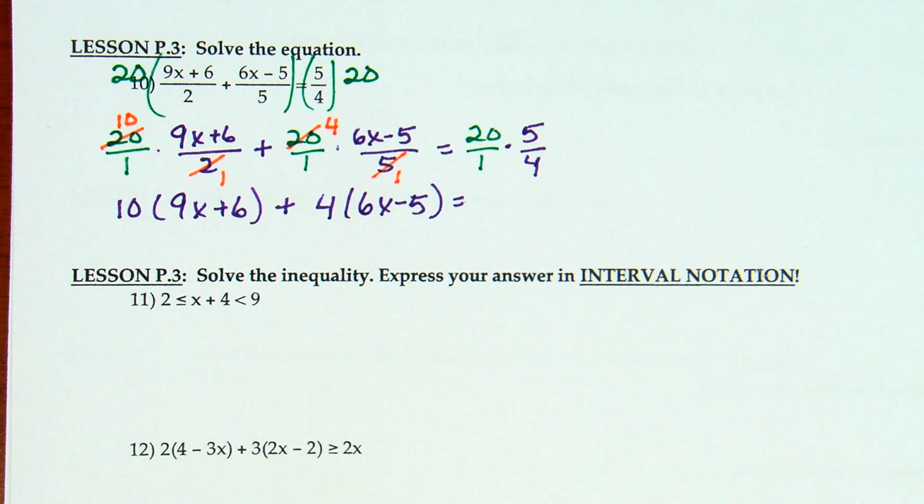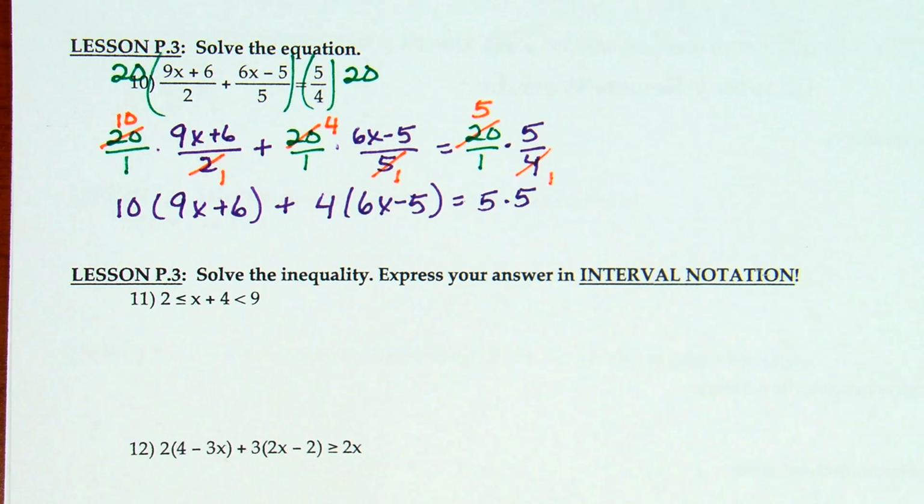From here, I'm not as concerned. Most of you should have the idea here. So I'm going to distribute: 90x plus 60 plus 24x minus 20 equals 25.